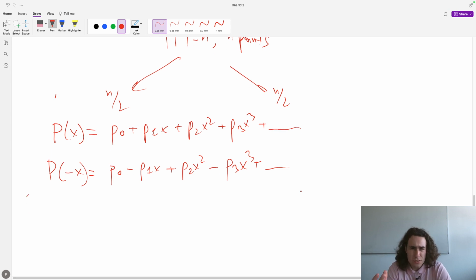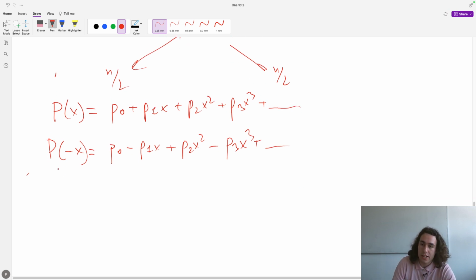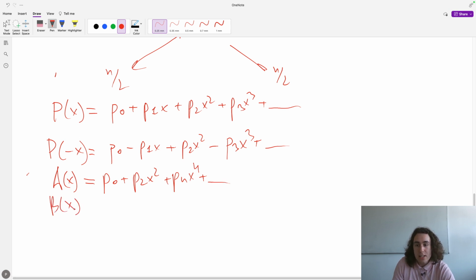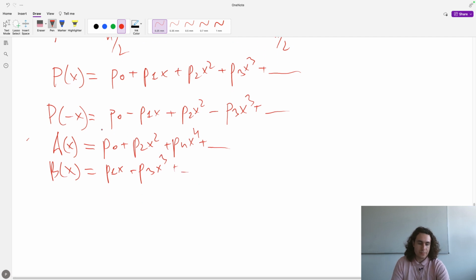And now we want to have two smaller polynomials such that we can use them to calculate both of these values. But for that, we can just separate even and odd degrees, right? We have a of x, which is only even degrees, p0 plus p2x squared plus p4x to the 4 and so on. And then b is odd degrees, p1x plus p3x cubed and so on.